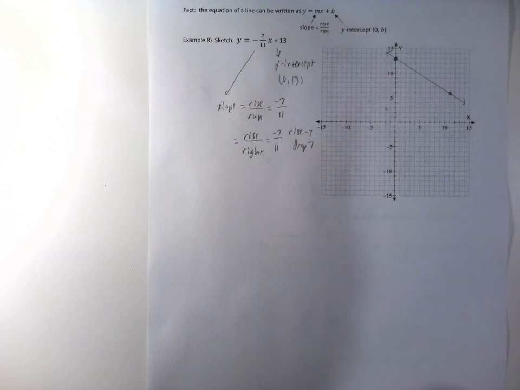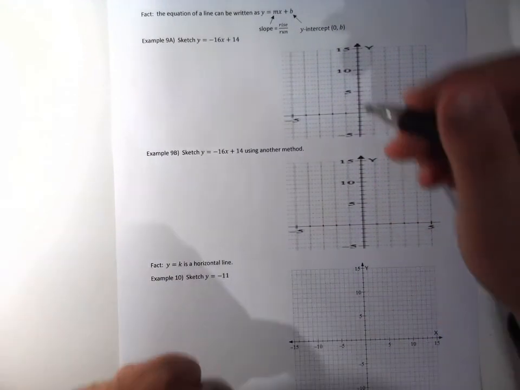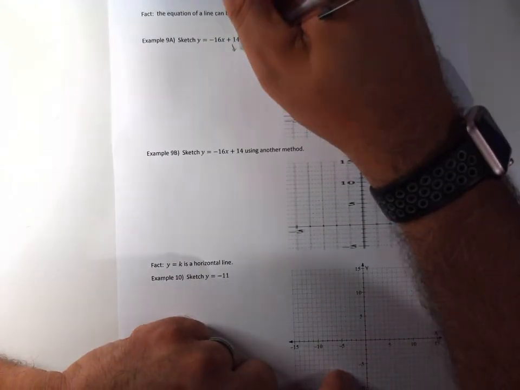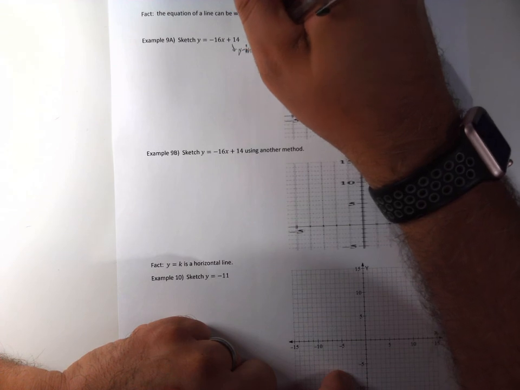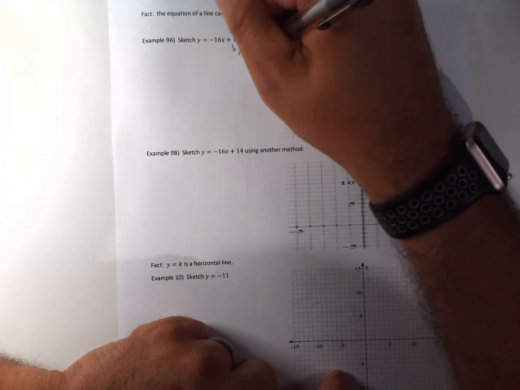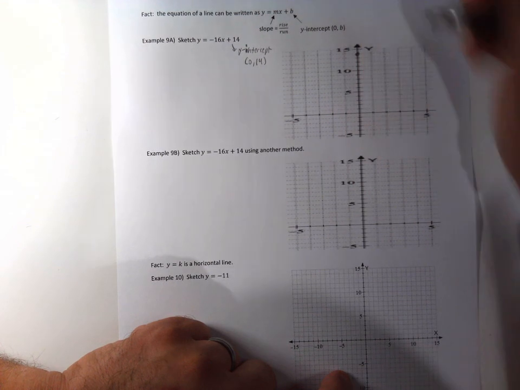All right. Next page. I'm going to use the same method. So here, the y-intercept is 0, 14. I can go ahead and plot it at any time.